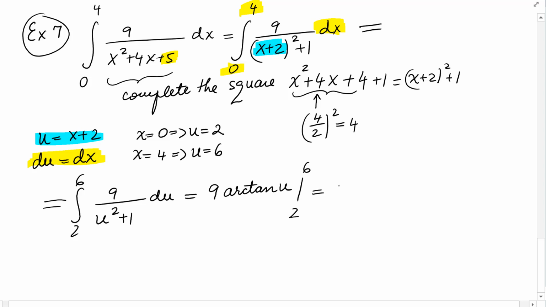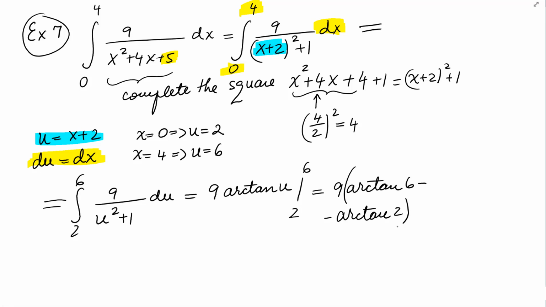No more a constant, right? So we get 9 arctangent of 6 minus arctangent of 2. Now, I don't know what arctangent of 6 is, right? Tangent of what angle is 6, or tangent of what angle is 2, so I'm just going to leave it like that.